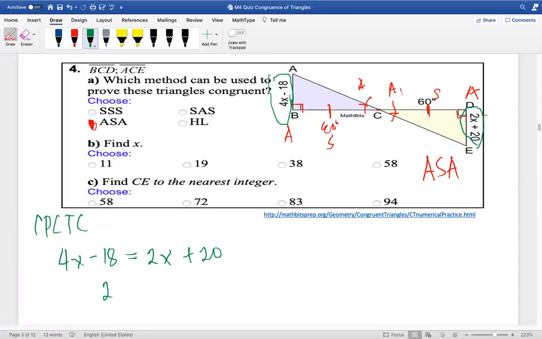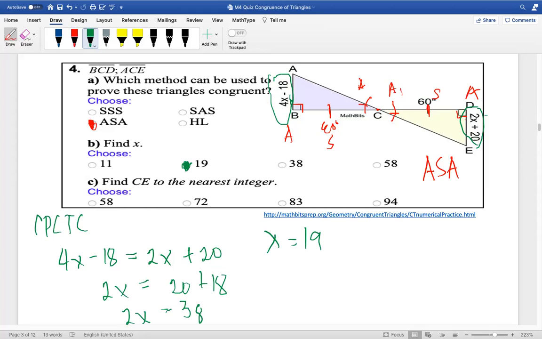So this becomes 2x. Let's use algebra. 20 plus 18 is equal to 2x, so 2x equals 38, right? And we need to divide by 2, so x is equal to 19. So our answer is 19, right? And I hope we got the same answer again.